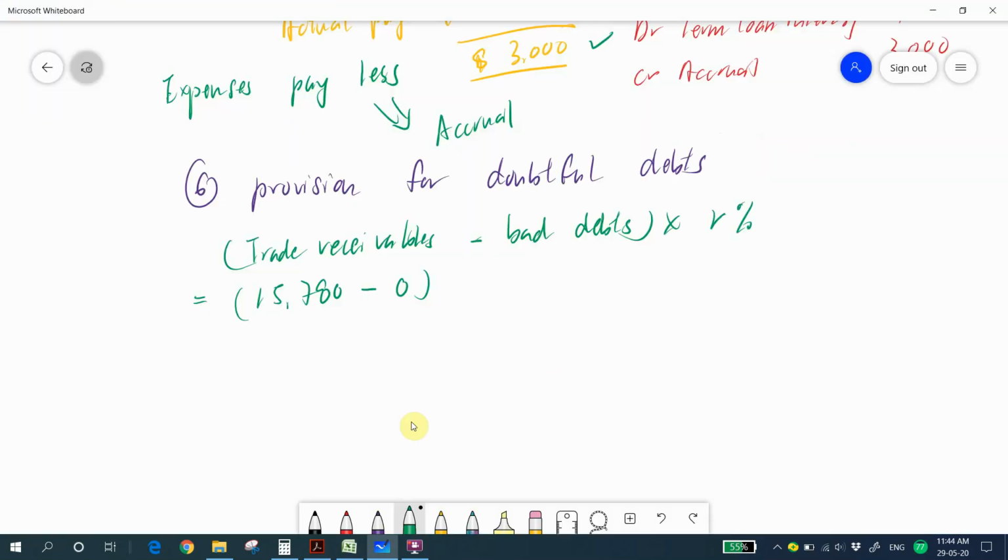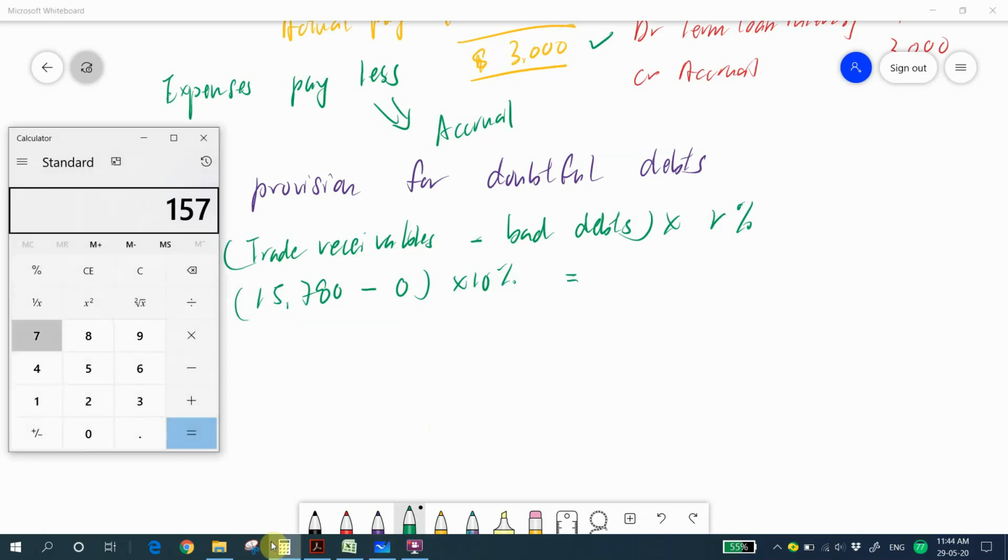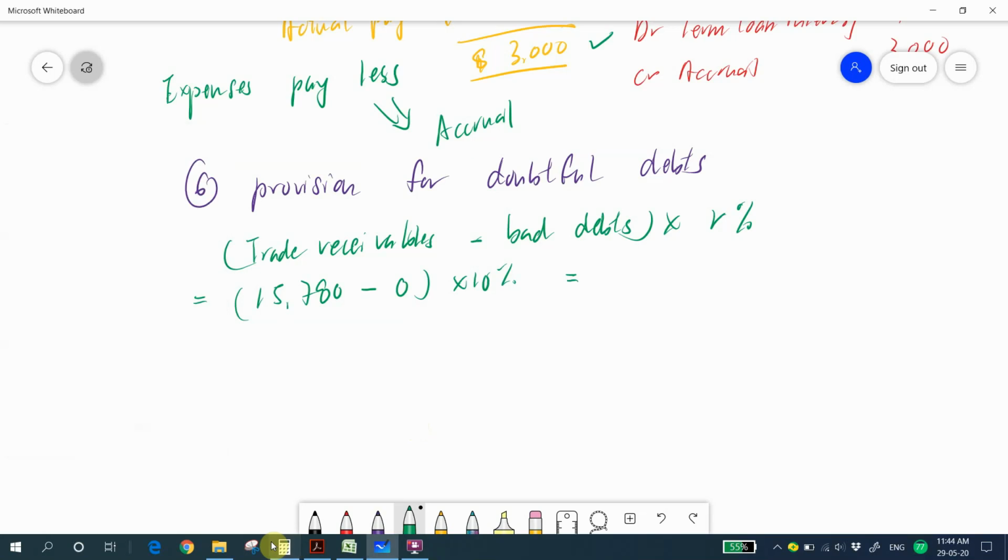So we apply 10% here. Answer: 15,780 times 10% is 1,578. So 1,578 will be this year's provision for doubtful debts.